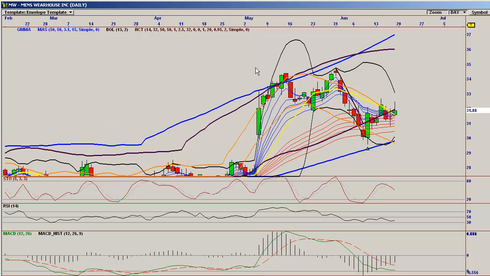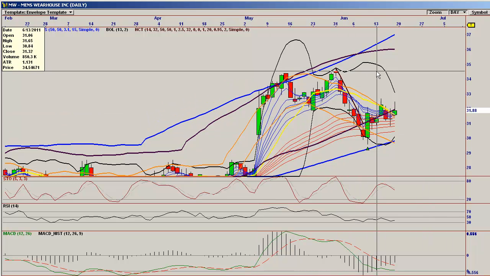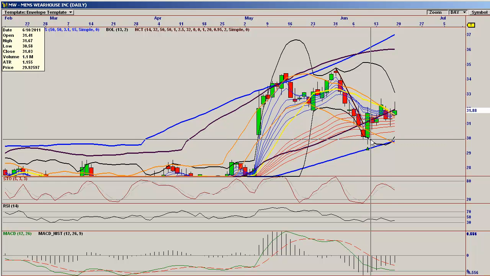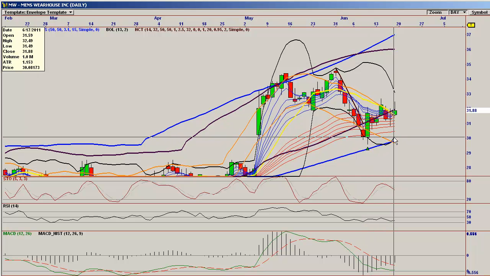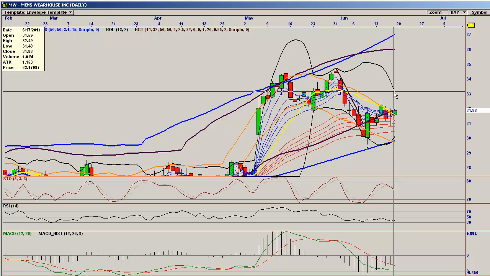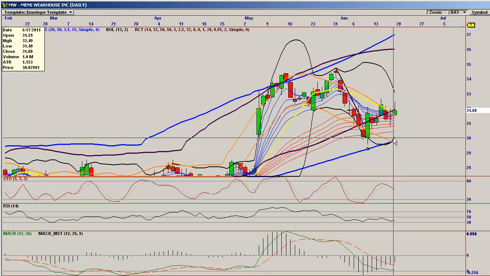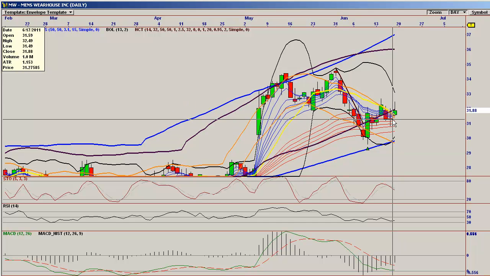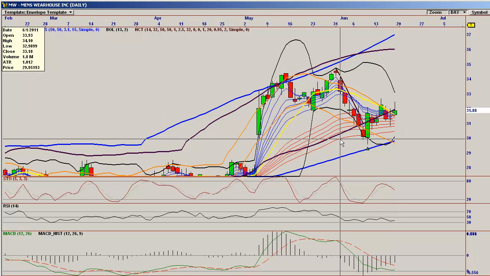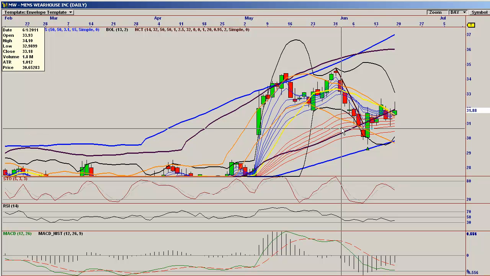Actually, it's very useful, because we also have the Bollinger Bands, and they are coming in to pinch one another. They're closing, suggesting a bigger move is about to happen. And we also have Guppy to rely upon.